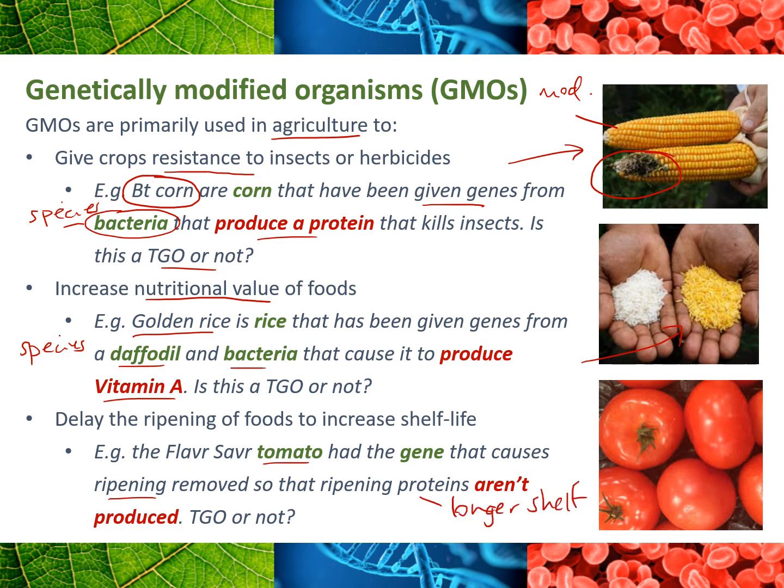Okay, so rather than tomatoes rotting a day or two after ripening, you might be able to keep them for a week now. Okay, so all that happened is that the gene that's naturally occurring in that tomato got removed. So in the quiz you'll have to answer whether each of these are genetically modified, transgenic, both, just one.